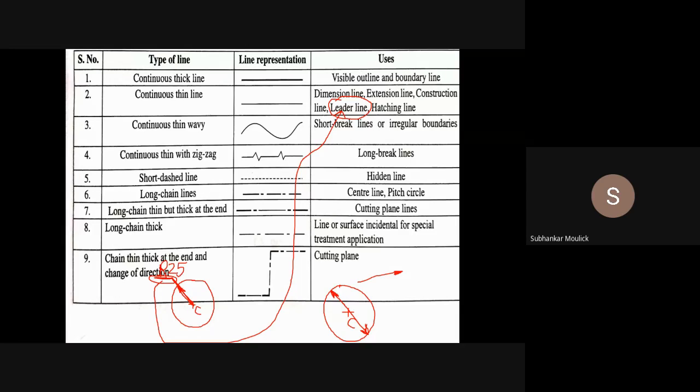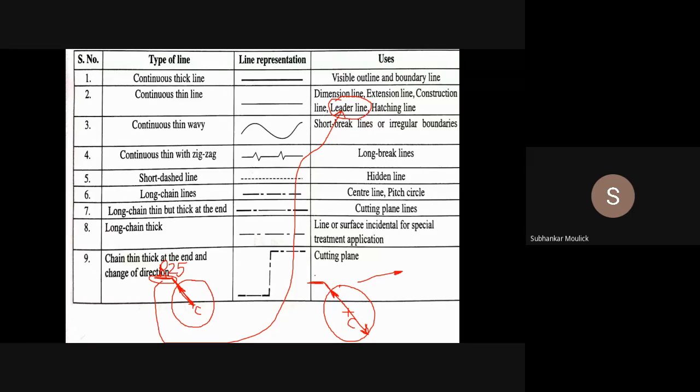Then either you take this arrowhead or this arrowhead, anyone. Again, extend this line to somewhat length, maximum 2 centimeter. From this end, again draw a horizontal line of somewhat length, maximum 2 centimeter.